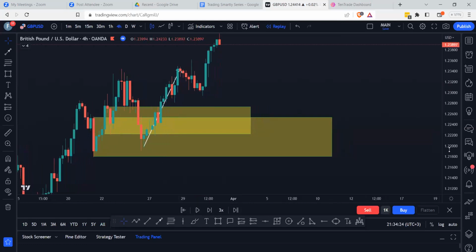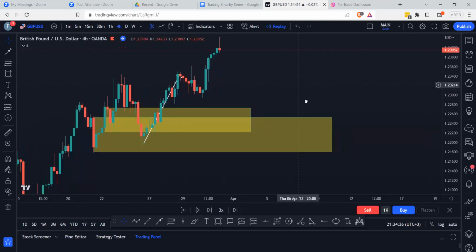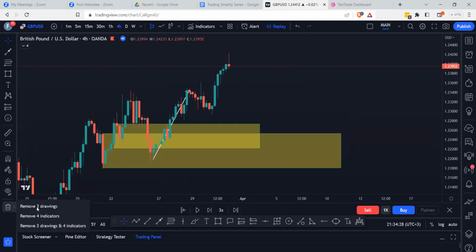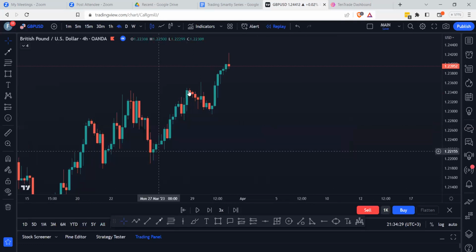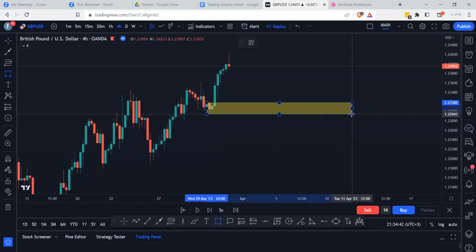So price has given us a new high, like so. So let's find areas of support. We have an area of support here. We have a support area here.